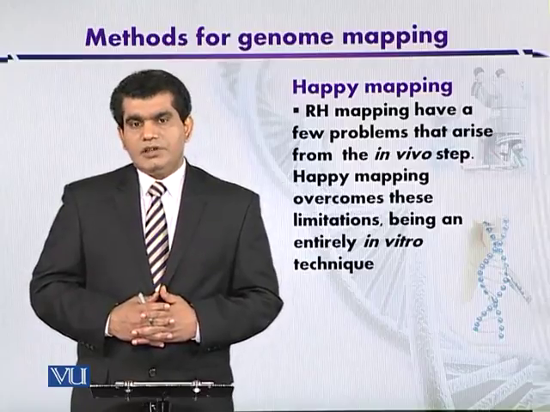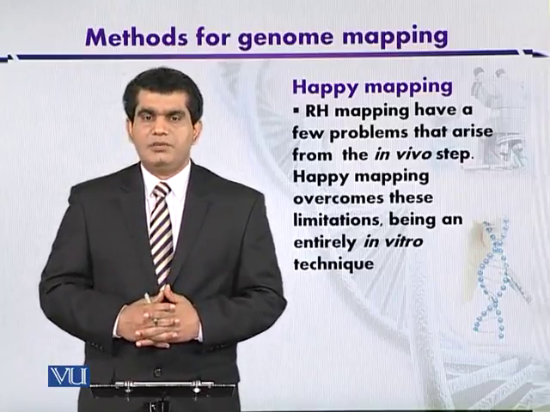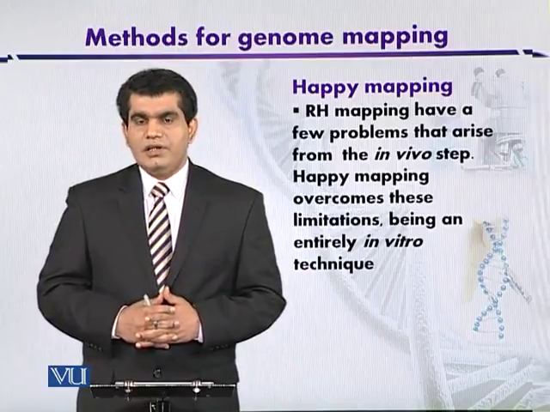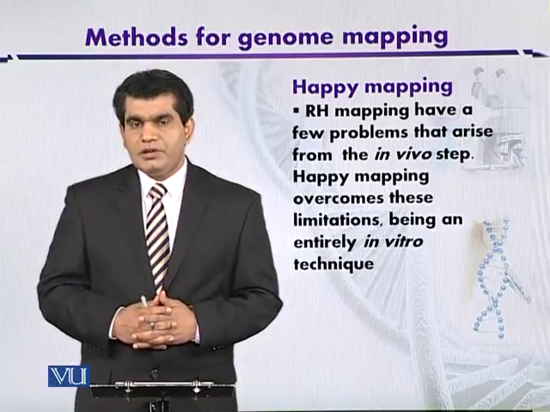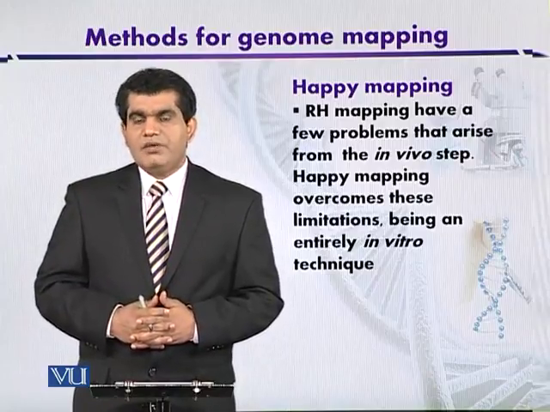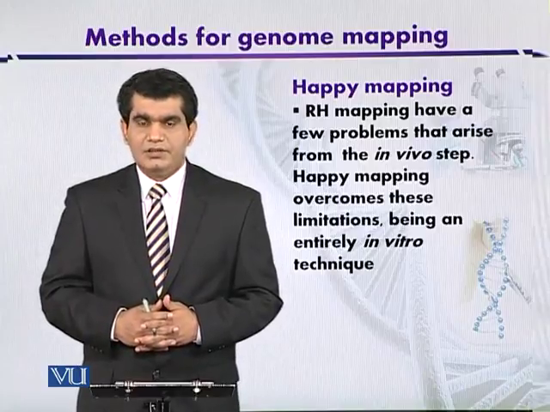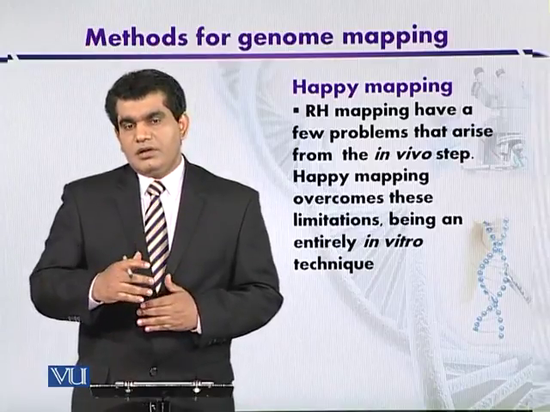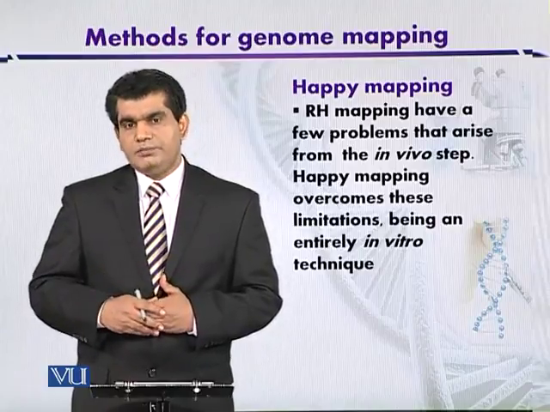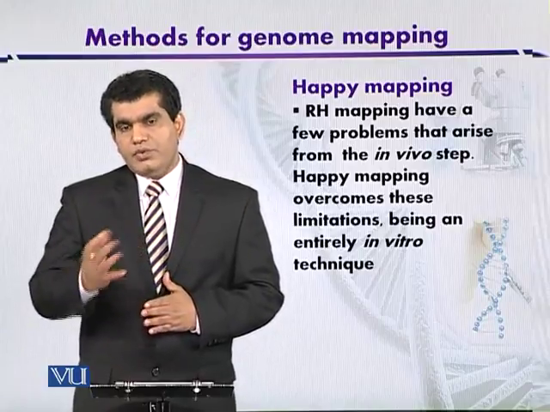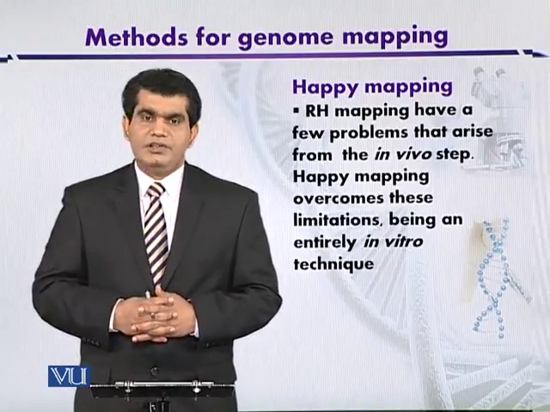Now this technique has removed several limitations that were present in RH mapping, or radiation hybrid mapping. RH mapping has several limitations. One is that the generation of hybrid cells is difficult.